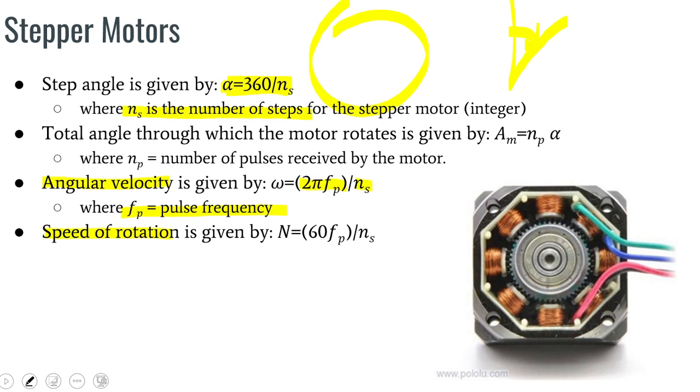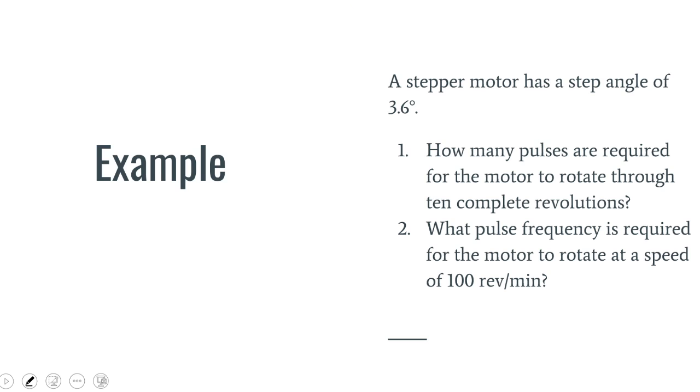Then the speed of rotation is again the pulse frequency, which we multiply and then divide by the number of steps. We'll look at that with some examples now.